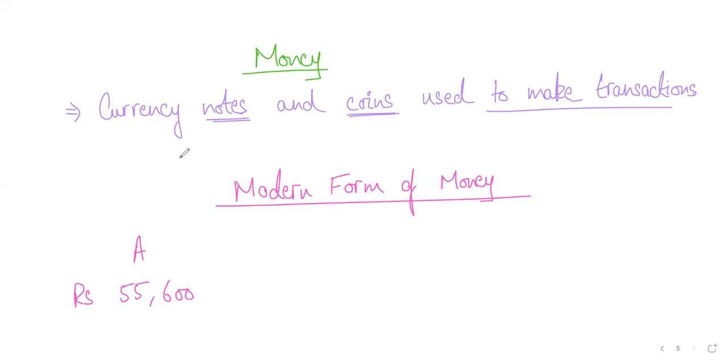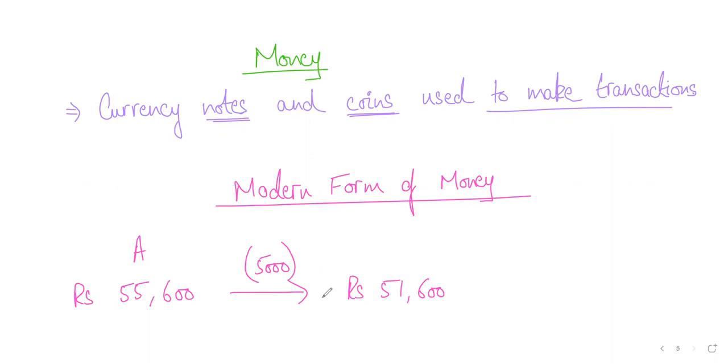Now what he can do instead of giving cash, because currency notes and coins are cash, instead of paying someone in the form of cash, he or she can also make an online payment, a digital payment. And 5,000 will be deducted. So what will happen? When the person has made the payment, 5,000 will be deducted from his or her bank account. So his bank account would now be left with 51,600 rupees, right? So that's also a form of money.